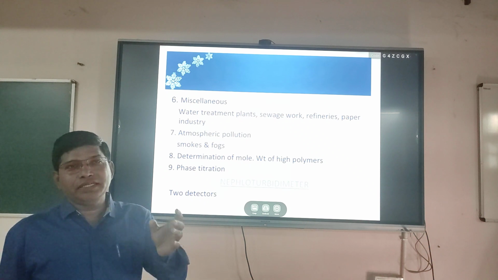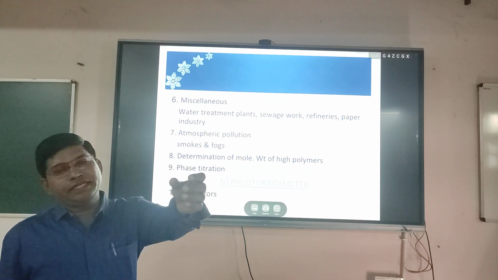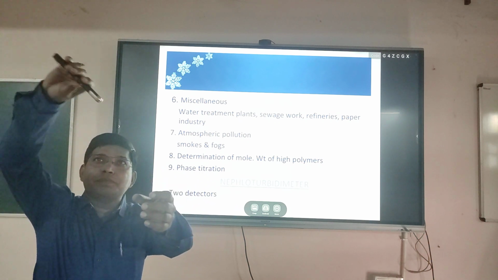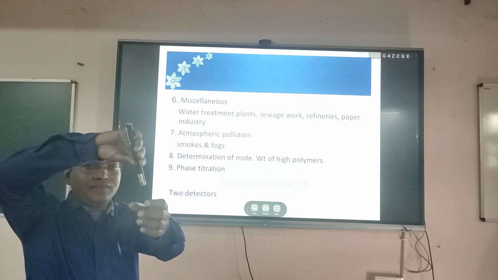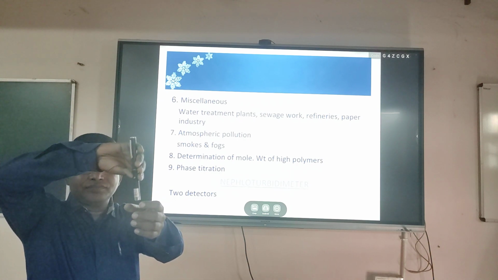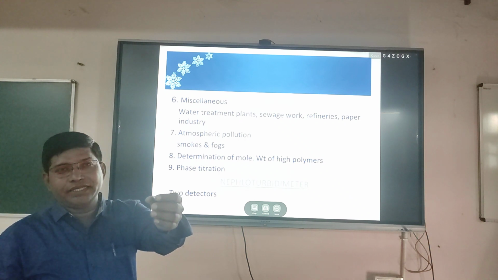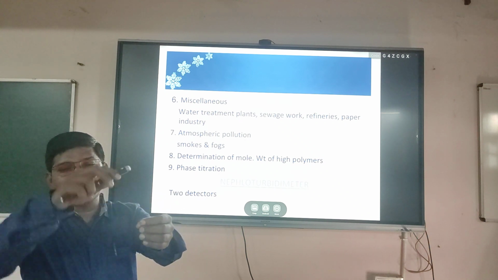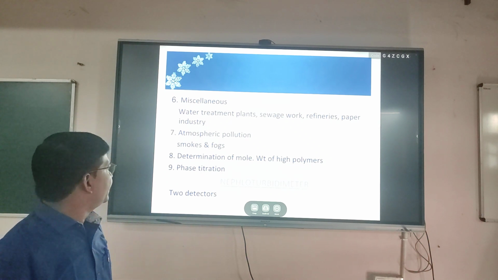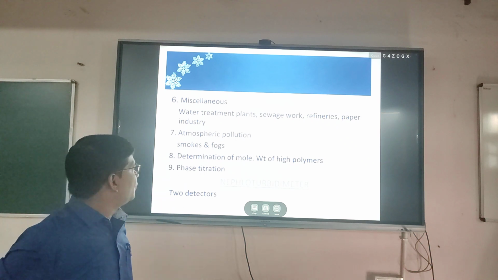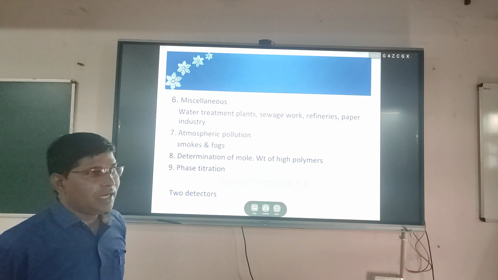Suppose we put the nephelometry or turbidimetry instrument in place; the suspended particles from the air will get into the sample cell, and there is online monitoring of smoke or fog through the scattering process.